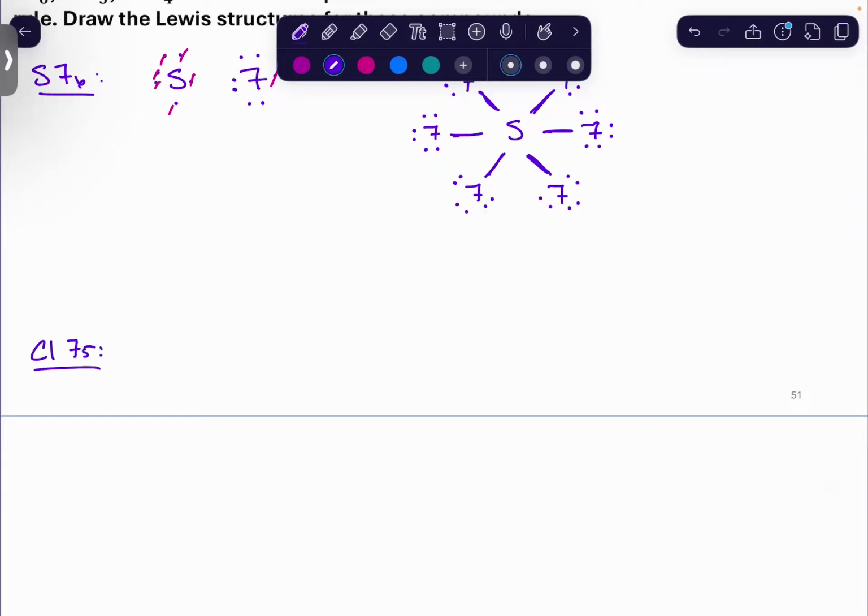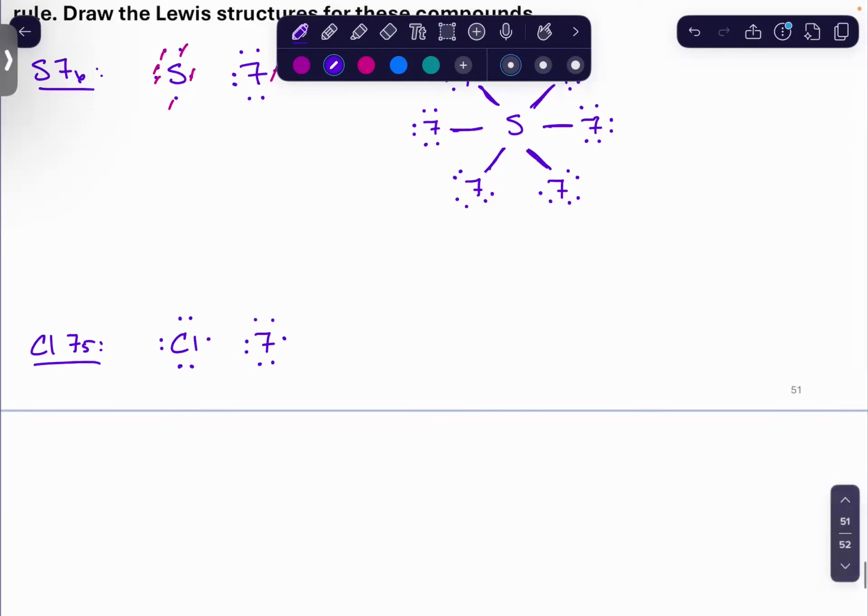ClF5? Well, this is a little different. So both the chlorine and the fluorine have 7 valence electrons. This is one of the exceptions where chlorine is going to hybridize, and you're going to get fluorine in the 1, 2, 3, 4, 5. So let's see, fluorine, fluorine, fluorine, fluorine, fluorine. Now let's look at the chlorine.